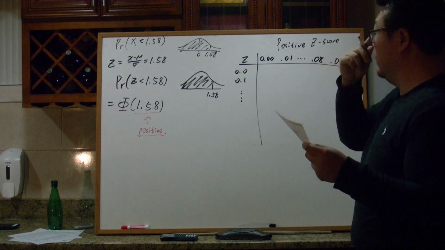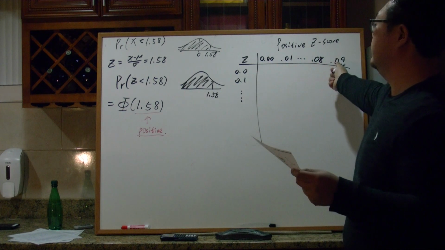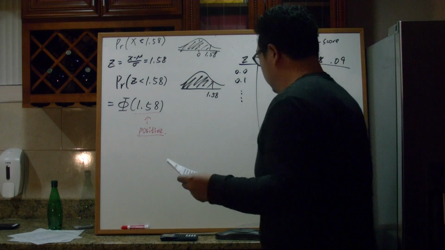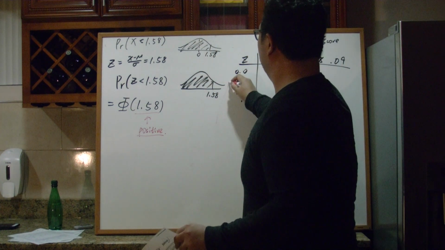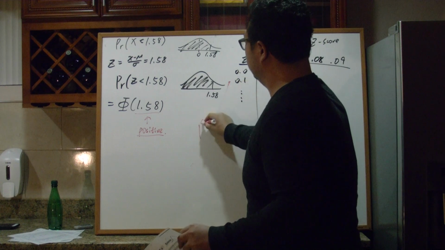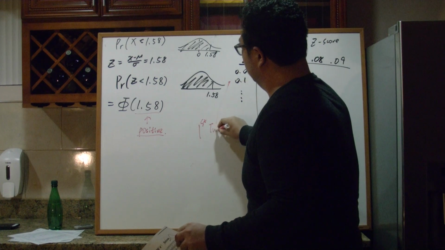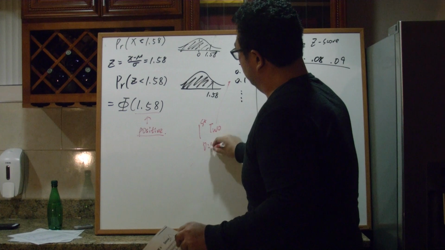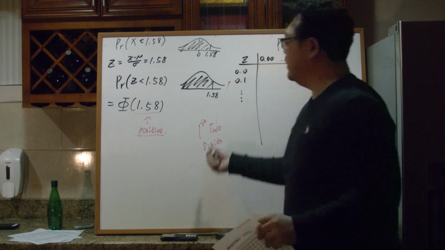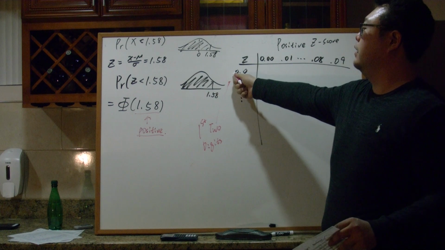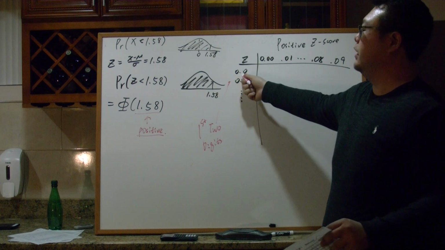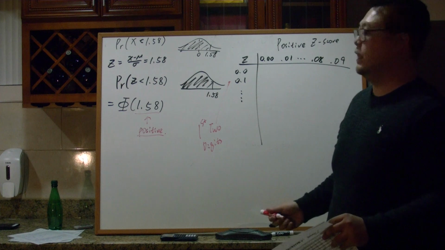The top has basically 10 columns from 0.00 to 0.09, while the side shows the first two digits, the first digit before the decimal and the first decimal place.